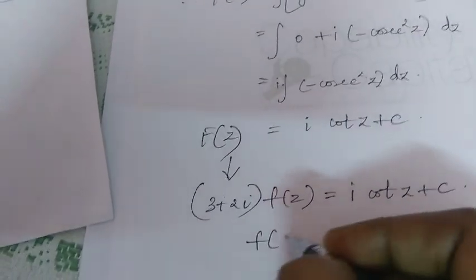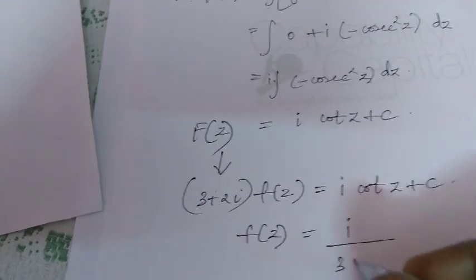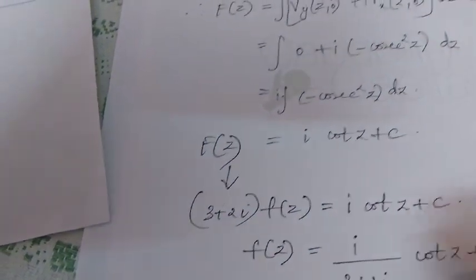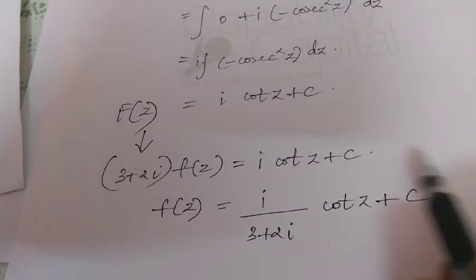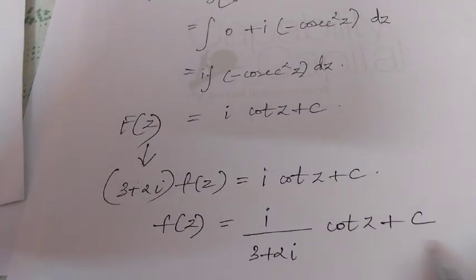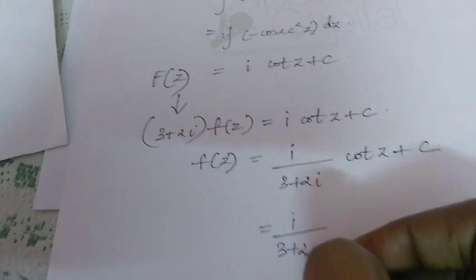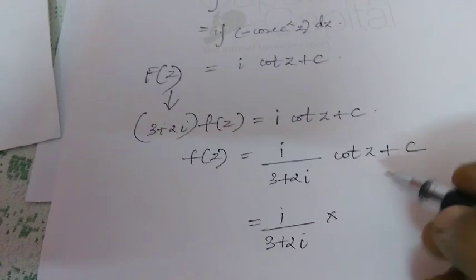And from this you should write only small f of z, which is i divided by 3 plus 2i, cot z plus c. Here c will also be divided by 3 plus 2i, but again it is a complex constant, so it is enough to write c alone. After this you take the conjugate of 3 plus 2i and multiply and divide by it.